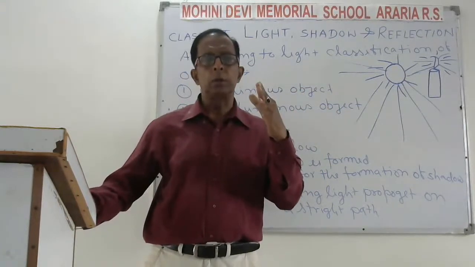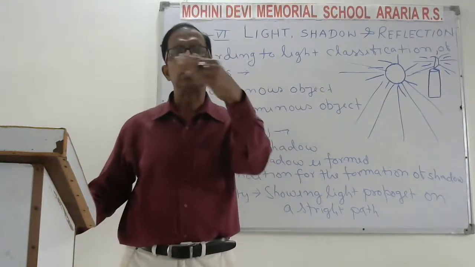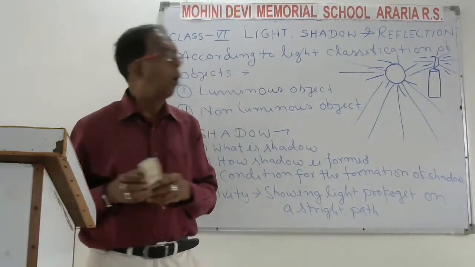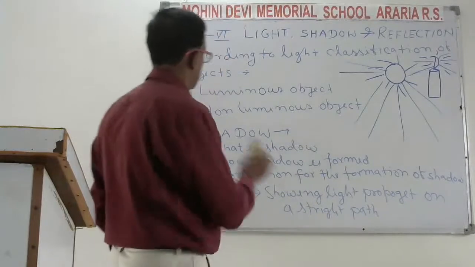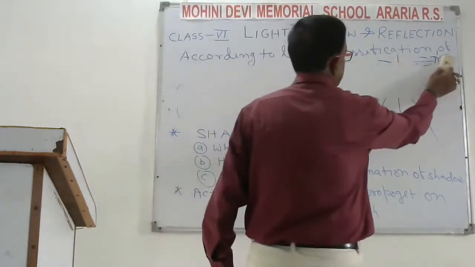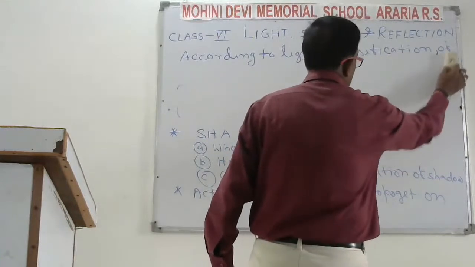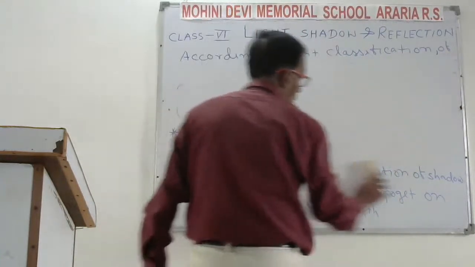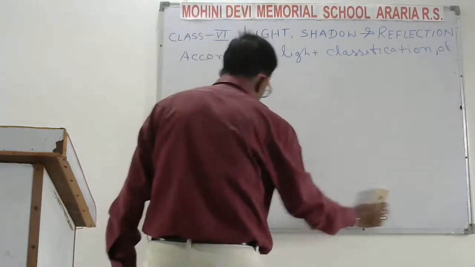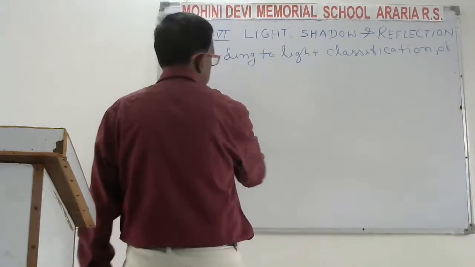It does not travel on a zigzag path. It always travel on a straight path. See, it does not propagate on a zigzag path. It propagates on a straight path.